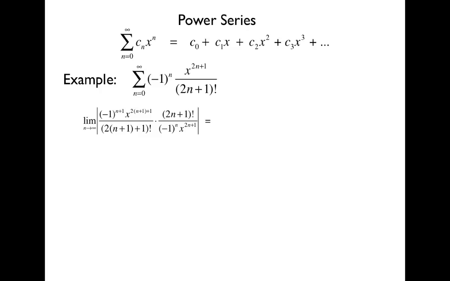And then what about the factorials? Could we say 2n plus 2 factorial, and then we take that down by 1? It's not 2n plus 2 factorial though. It's 2n plus 3 in the denominator.